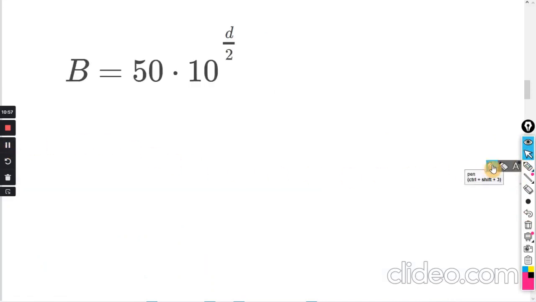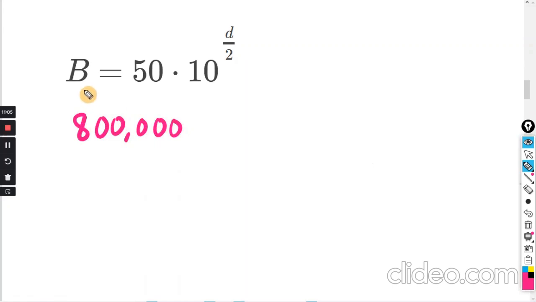So in place of B, I'm going to plug in 800,000. All right, and that's going to equal 50 times 10 to the power of D over 2.